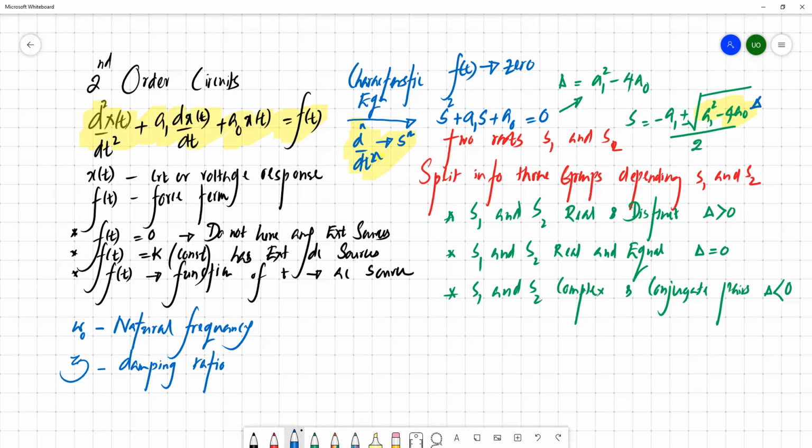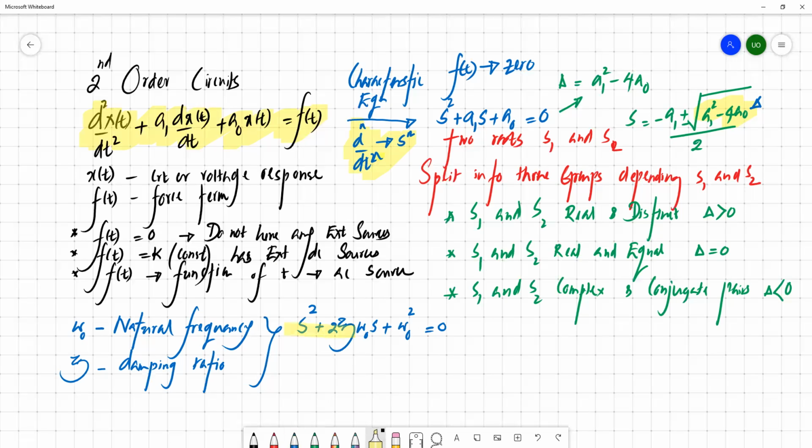From these two parameters, we can simply get the characteristic equation. If you have these two parameters in your system, the characteristic equation is s squared plus 2 zeta omega naught s plus omega naught squared equals 0.